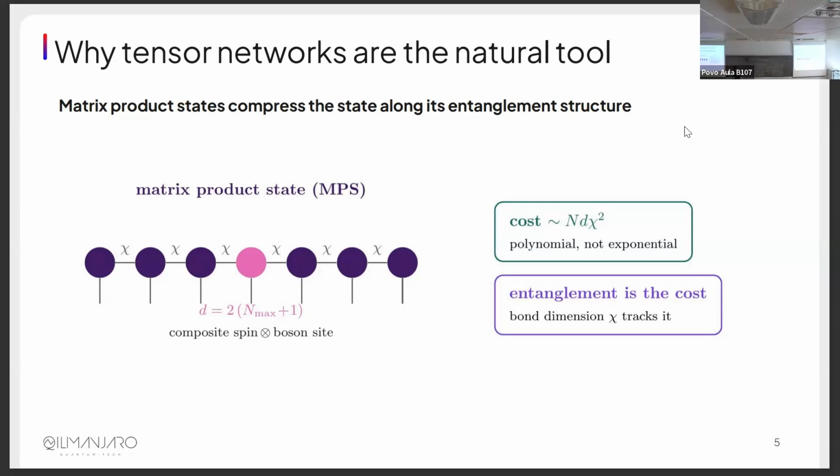In our special case, the physical degree of freedom does not have the typical two dimensions of spins, but has 2(n+1), which is the product combination of the spin Hilbert space and the boson space.